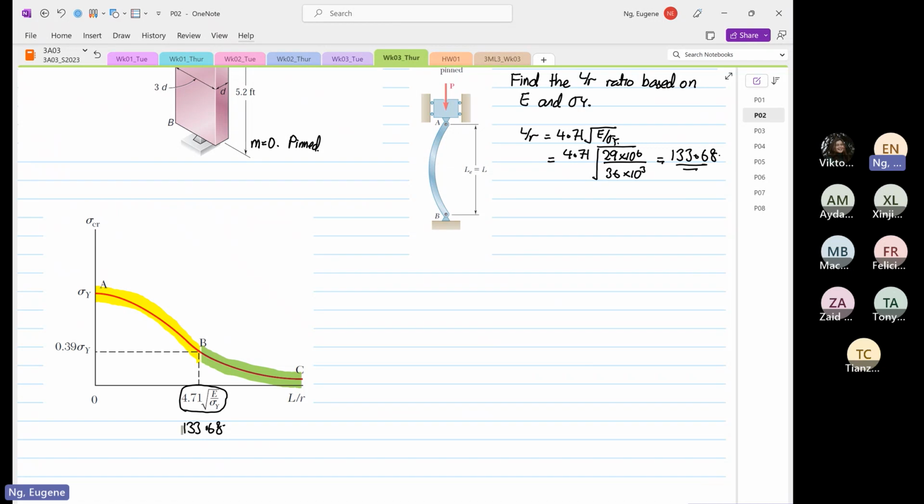We have determined that value, and it sits at 133.68.